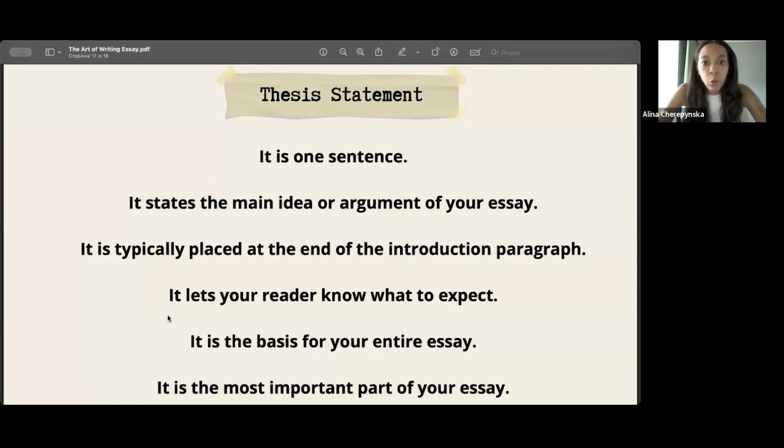If you have a well-made thesis statement, your essay will be automatically well-structured. If you have a poor or weak thesis statement, it's obvious that your essay will be weak. That is why please dedicate your time to writing a good, strong thesis statement. But again, it's not that easy.